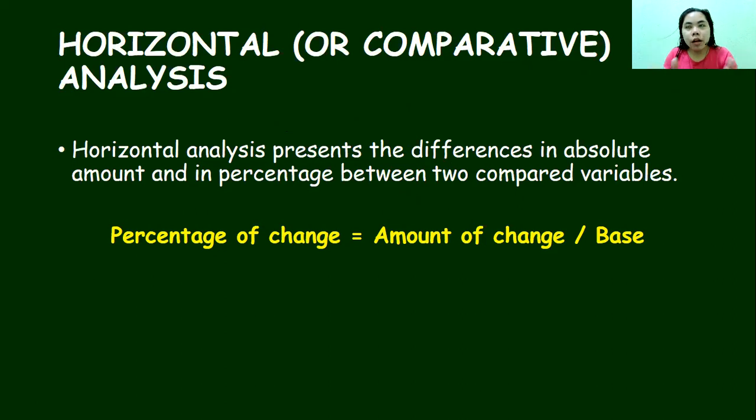Therefore, we are analyzing and comparing two different years. For example, we are comparing the 2020 financial data with the 2019 financial data. So that is horizontal analysis. We have here the formula to get the percentage of change, that is the amount of change divided by the base. So I will share an example.